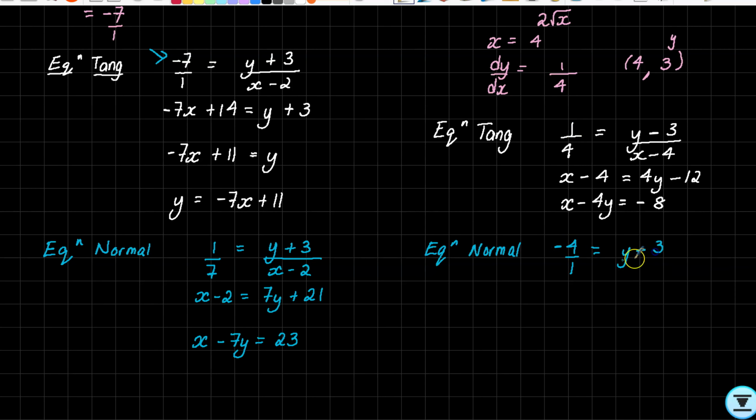So y take 3, x take 4, cross multiply, and away we go. Minus 4 times x is minus 4x, minus 4 times minus 4 is positive 16, and then it's 1 times the other side. Okay, and that will be, I'll go minus 4x plus 19. That's in the y-intercept form. That's it.